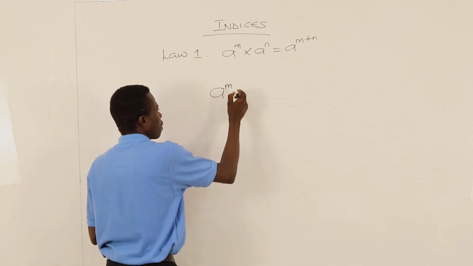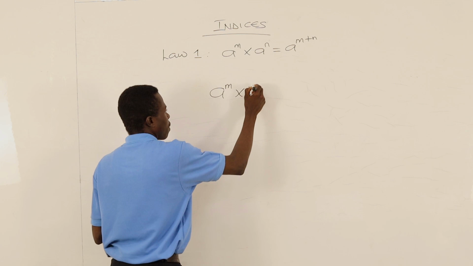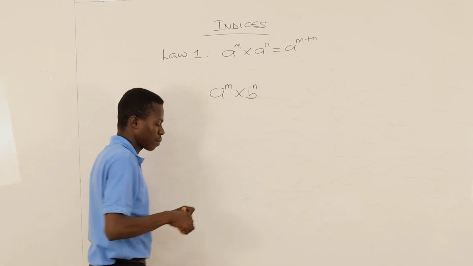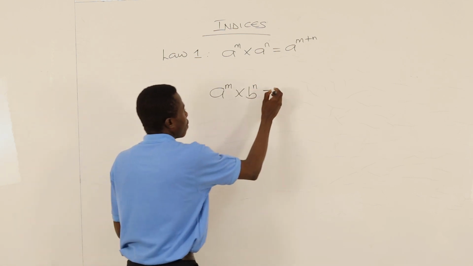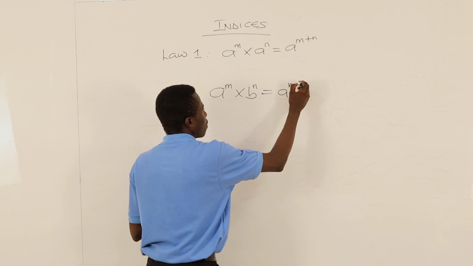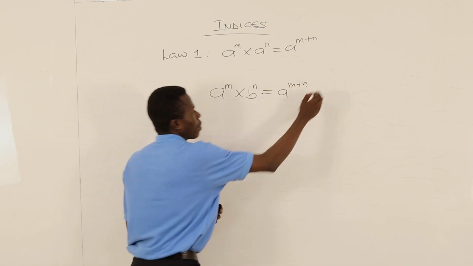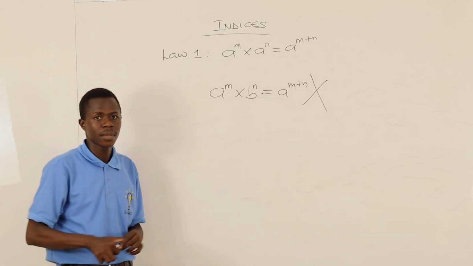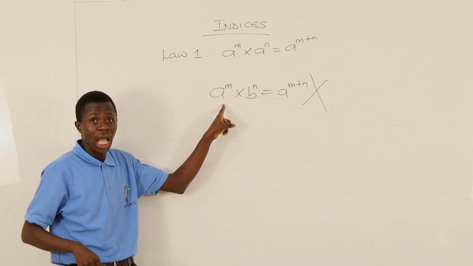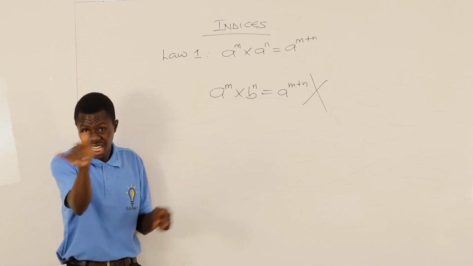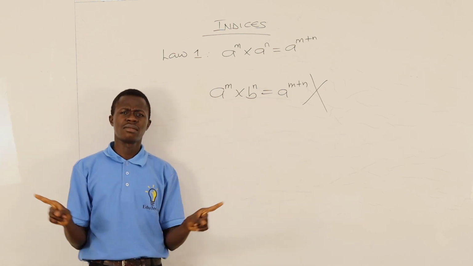So let's take a look at an example. Supposing we have a raised to the power m multiplying b raised to the power n, we cannot have the answer being a raised to the power m plus n.